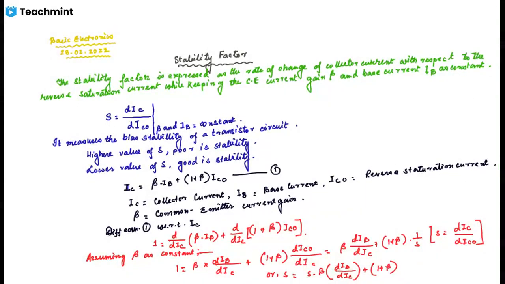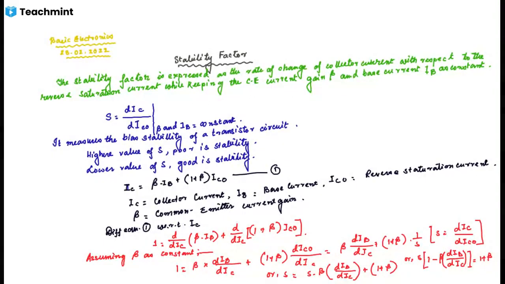So I can write S into 1 minus beta d of IB by d of IC equals to 1 plus beta.